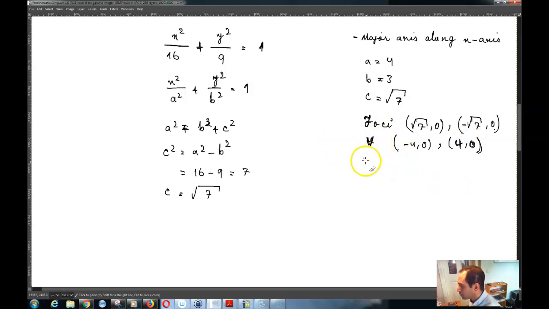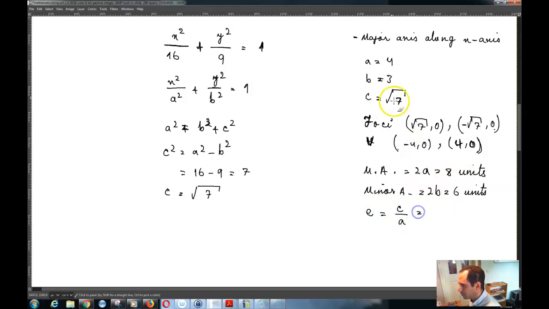Then you have the length of the major axis, which is 2 times a, which is equal to 8 units. The length of the minor axis is 2 times b, which is equal to 6 units, and the eccentricity of this ellipse is c by a, square root of 7 over 4.